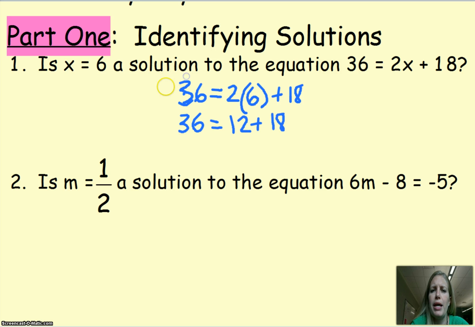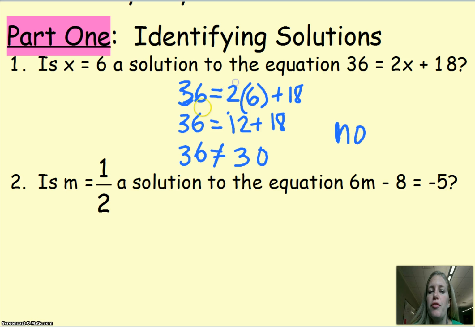And we keep going, and you have to keep going until there's only one number on each side of the equal sign. Okay, 36 equals 8 plus 2 is 10, carry a 1, and we get 30. 36 equals 30. That is not equal. They are not equal, so 6 is not a solution. So the answer is no, it is not.